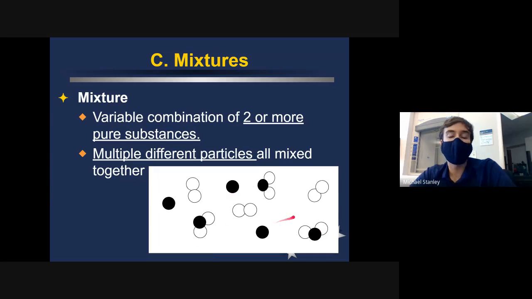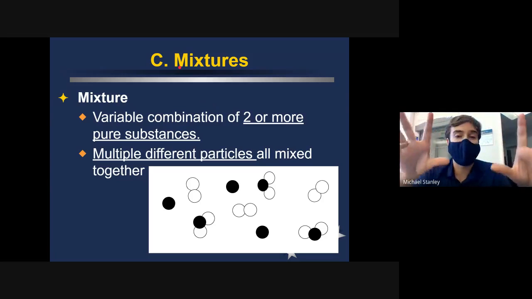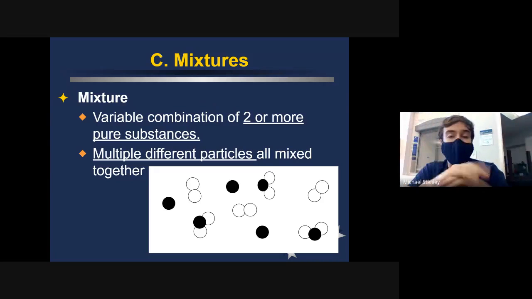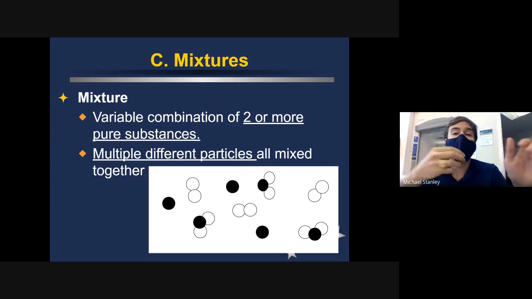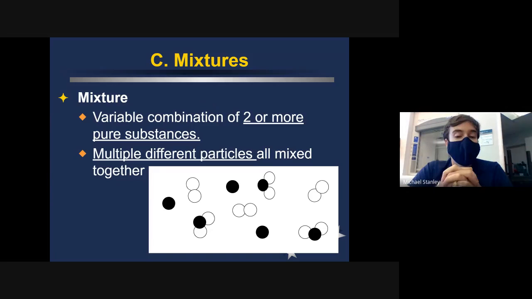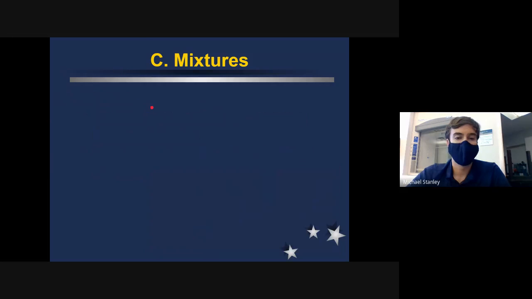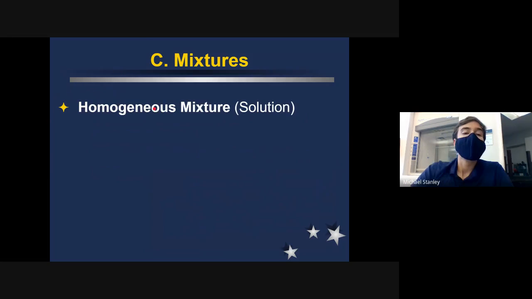So when you take all of those different types of particles and mix them all up, you get a mixture. So we can classify our mixtures into kind of two different overall groups based on how evenly the different particles in them are spread apart. So our first type of mixture is called a homogeneous mixture.